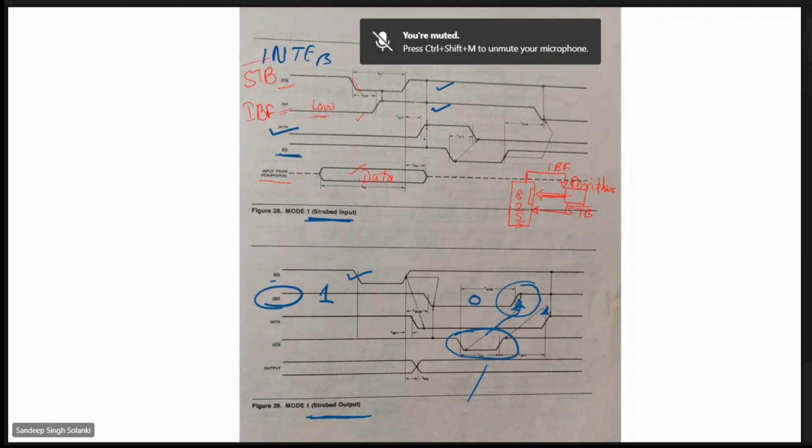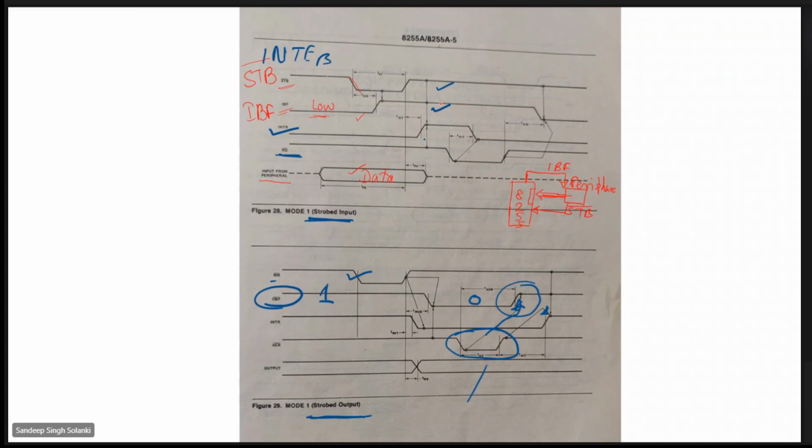And when it goes automatically high, what happens? You are going to get the generation of your INTR. Why? Because your strobe is high, your IBF is high, as well as your INTE, which you have made internally 1.